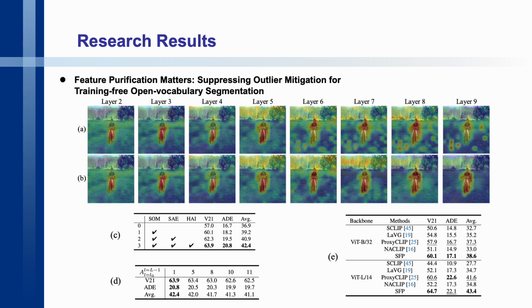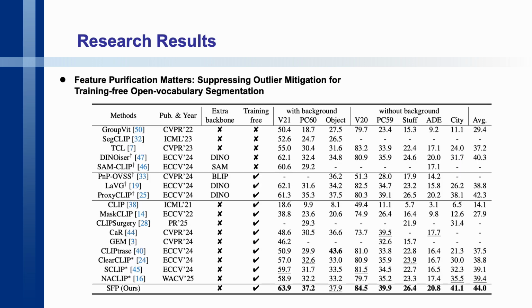Our method outperforms existing SOTA methods, regardless of whether an additional backbone is introduced or not, in a training-free manner. Our SFP can predict more accurate and complete segmentation maps, yet other methods exhibit significant noise, unveiling their limitations in spatial localization. These results indicate that our SFP has a good ability to predict comprehensive segmentation masks.